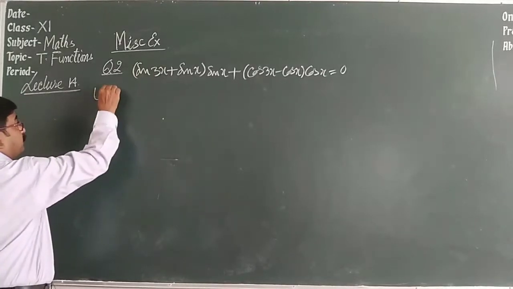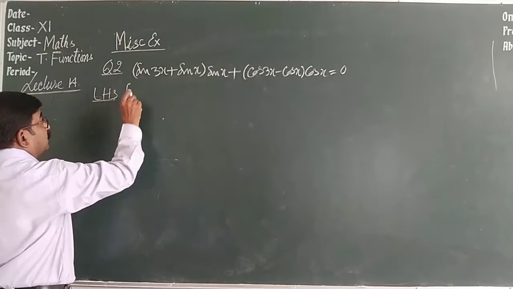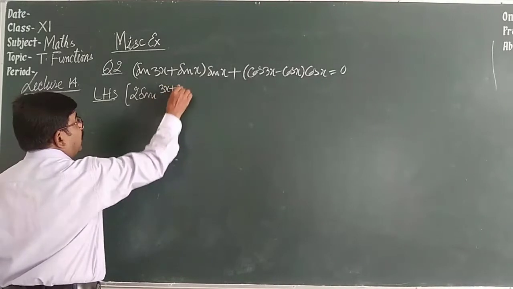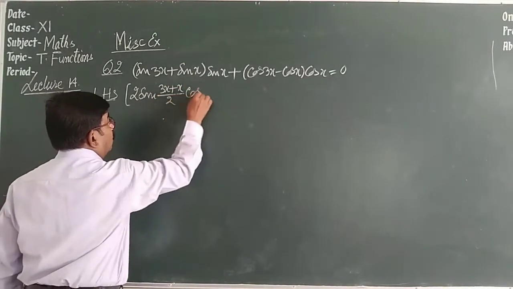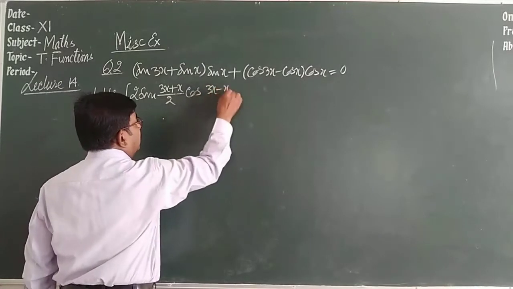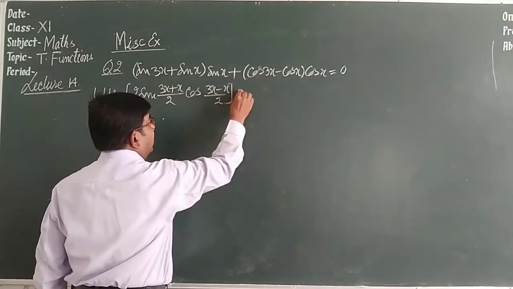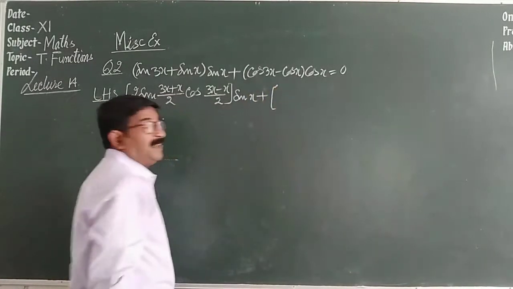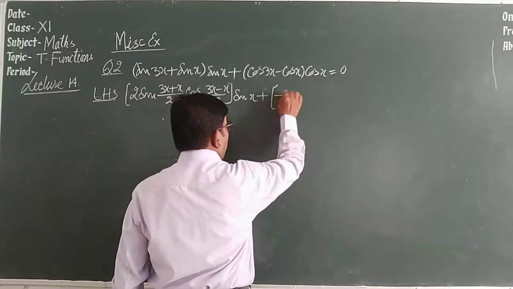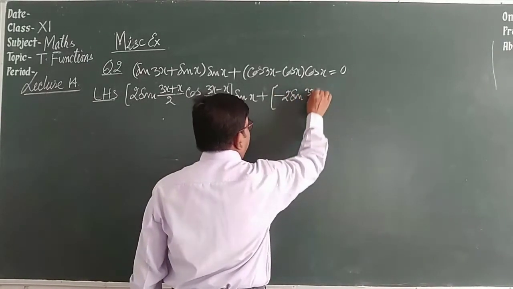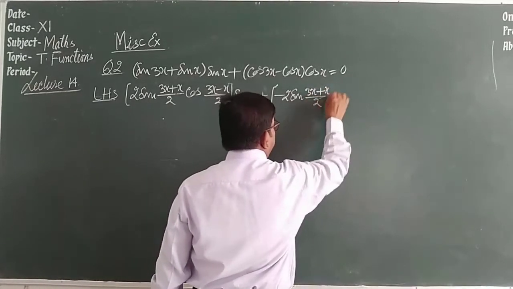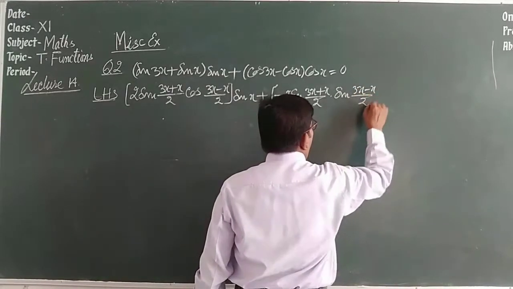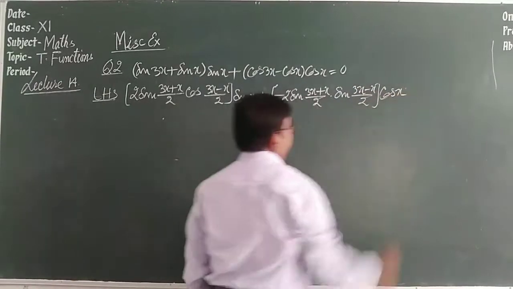Left hand side, I am solving the brackets. We get 2 sin((3x plus x) by 2) cos((3x minus x) by 2), into sin x outside, plus, using the cos A minus cos B formula, you remember, minus 2 sin((3x plus x) by 2) sin((3x minus x) by 2), into cos x outside.